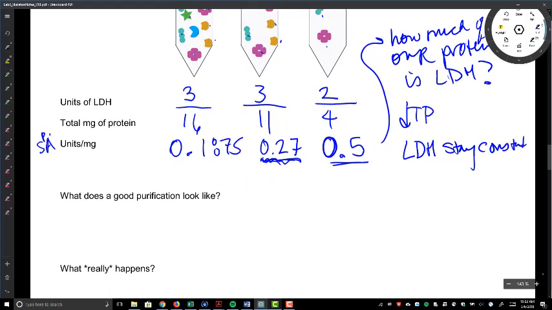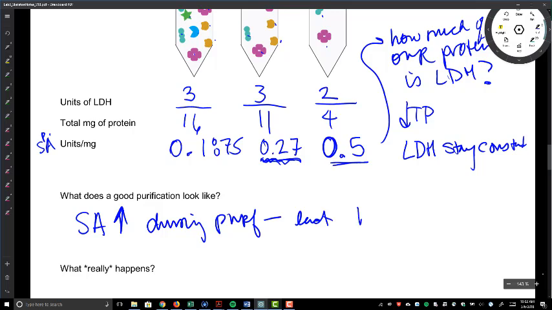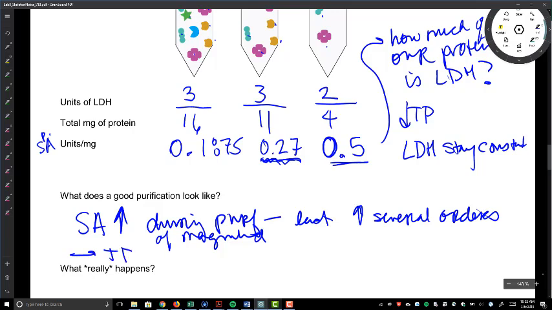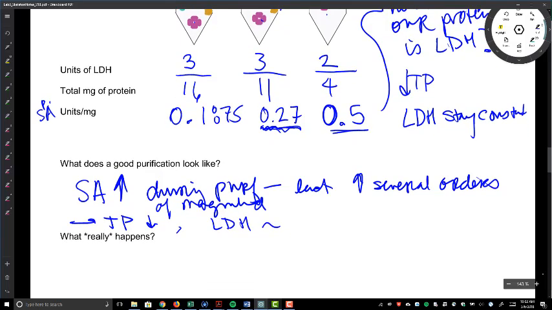So a good purification is going to look like the specific activity increasing throughout the purification. And in fact, after your last step, you're going to hope that it increases by several orders of magnitude. Again, ideally, your total protein decreases, but your amount of LDH stays constant.